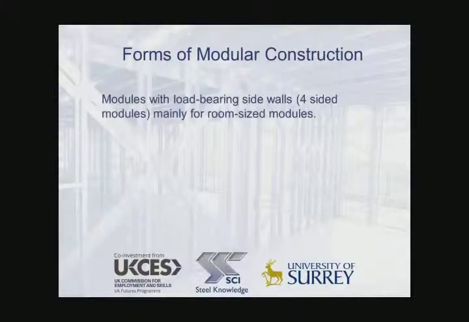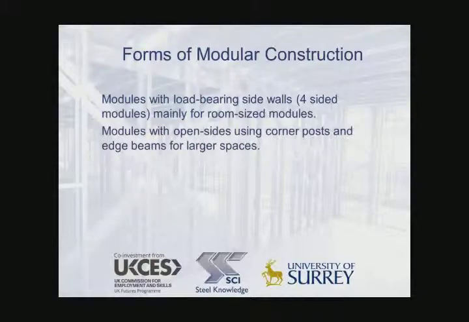There are various forms of modular construction, the most common form being modules with load-bearing sidewalls, which are generally known as 4-sided modules, particularly for hotels, student residences and other applications. Modules with open sides can be constructed by using corner posts and edge beams to create larger spaces.